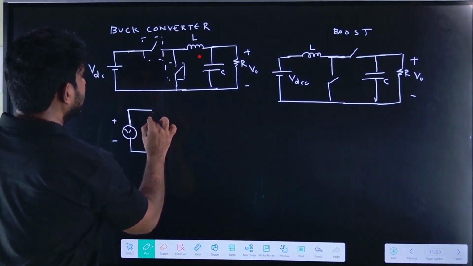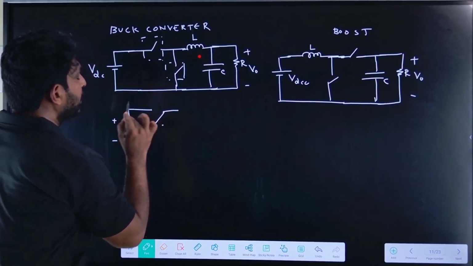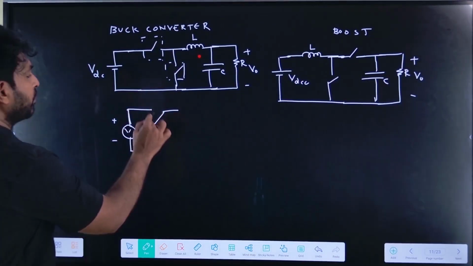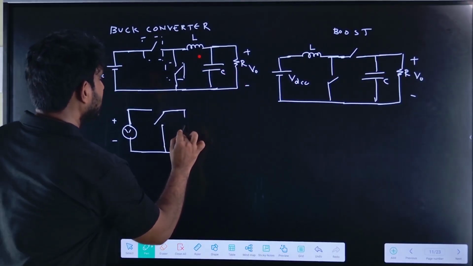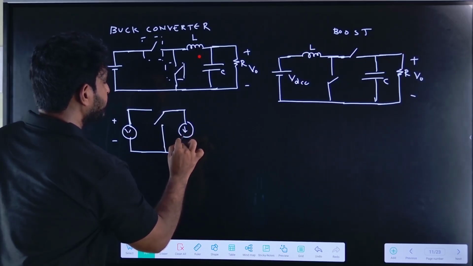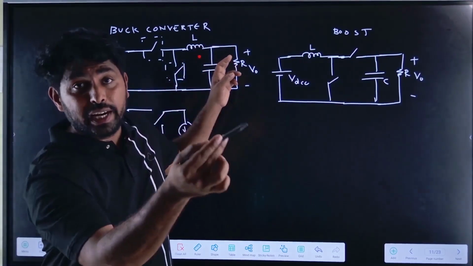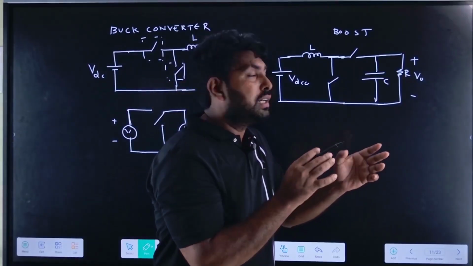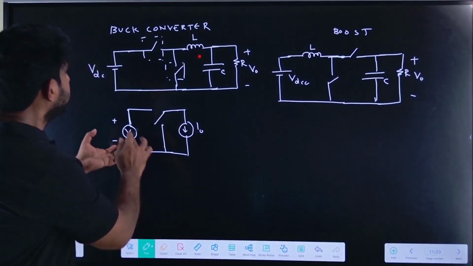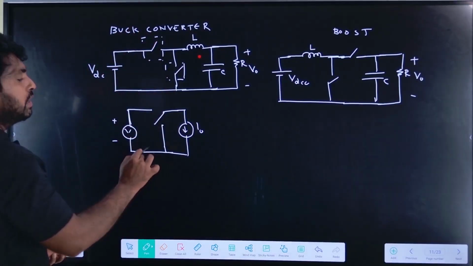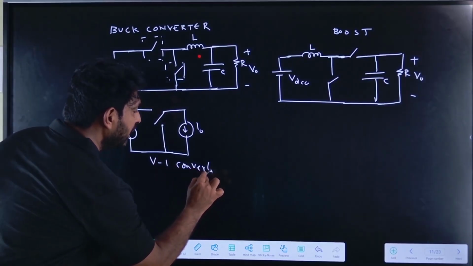If I replace it with a single pole double throw switch, it will be like this, and the current source like this. Because the inductance is on the load side, and the inductance doesn't accept a sudden change in current, it can be made a constant current source. So the buck converter is also called a VI converter.